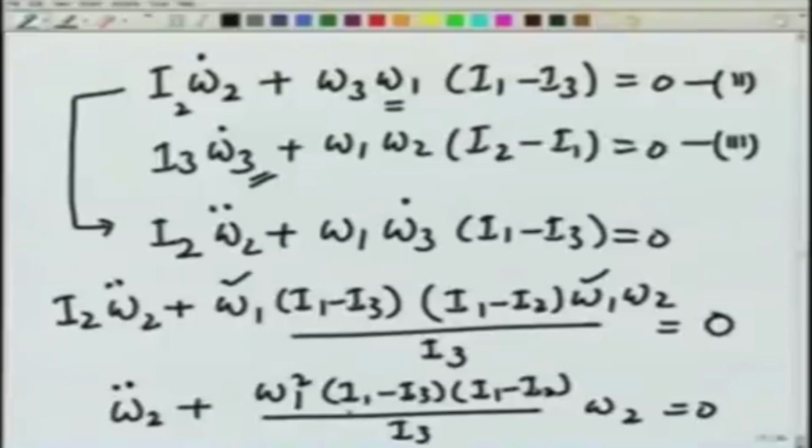Notice, since I1 is the smallest moment of inertia, I1 minus I3 is negative and so is I1 minus I2.